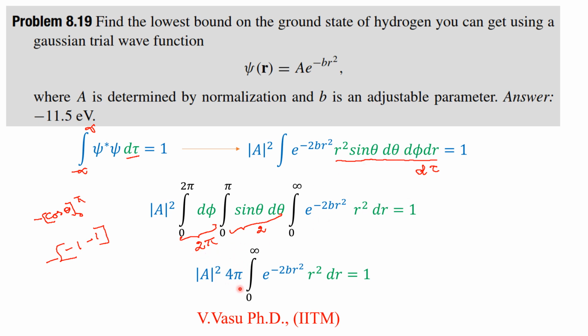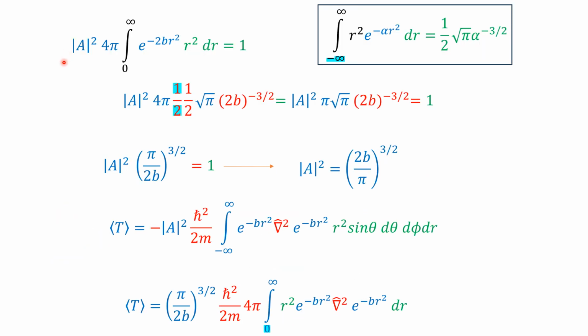It's always true. So then the integral from 0 to infinity of e^(−2b r²) r² dr is equal to 1. So we got this expression. Here you take this integral.